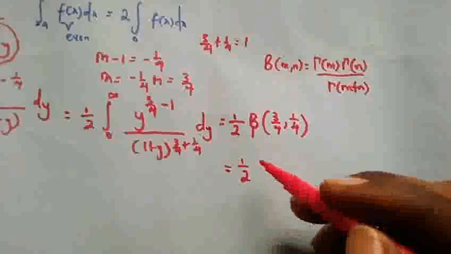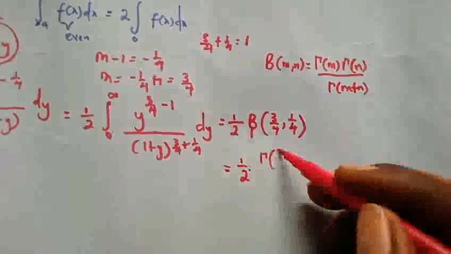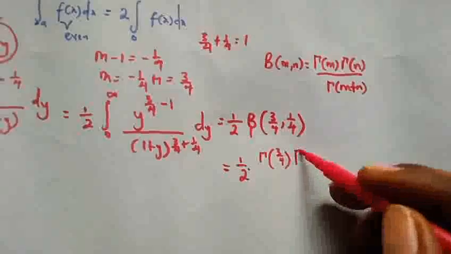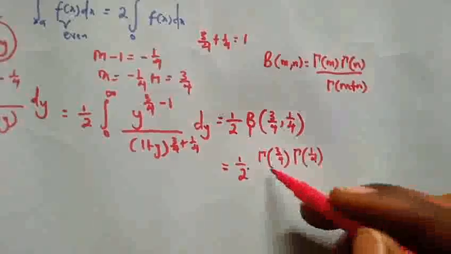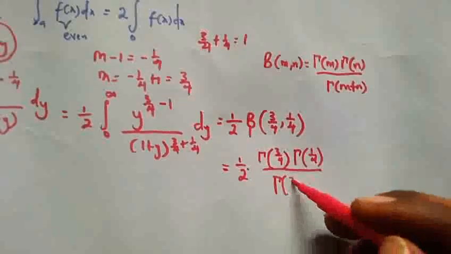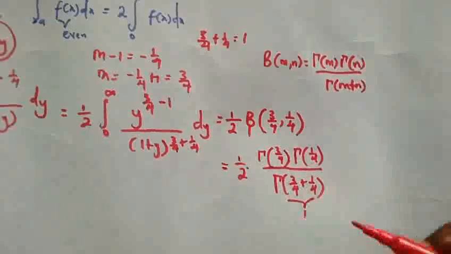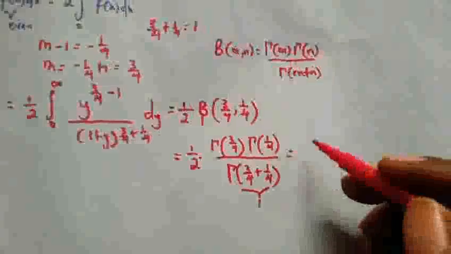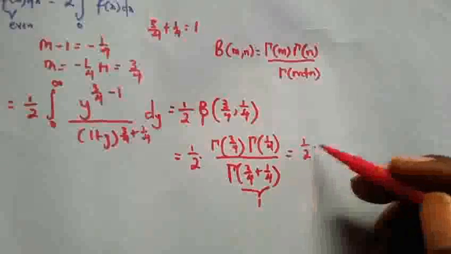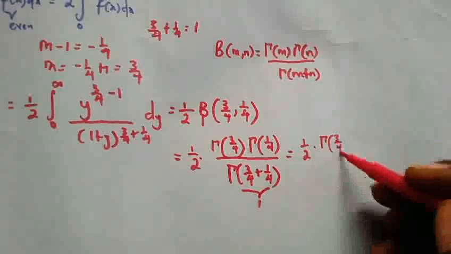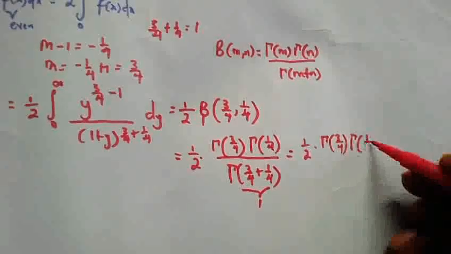So right here we're having 1 over 2 times the gamma of 3 all over 4, the gamma of 1 all over 4, all over the gamma of 3 over 4 plus 1/4. So here is 1. Okay, so we have here 1 all over 2 times the gamma of 3 all over 4 and the gamma of 1 all over 4.